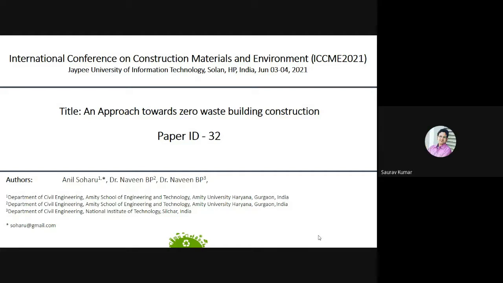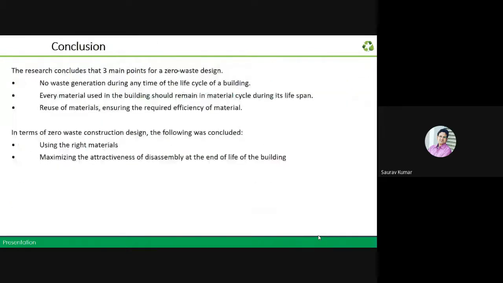Thank you. Just one query from my side, because that query has also been raised by someone else. In the last conclusion slide, you have written about using the right materials. Is there any procedure or analytic mechanism by which you can find out that a material will be right and will lead to zero waste?